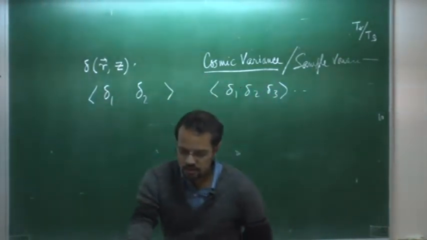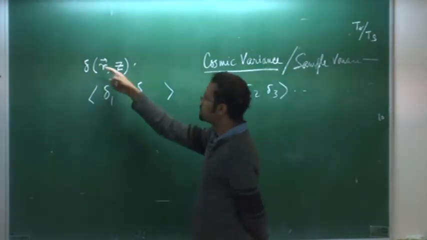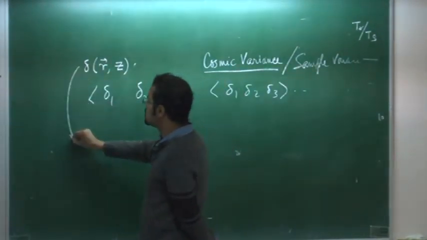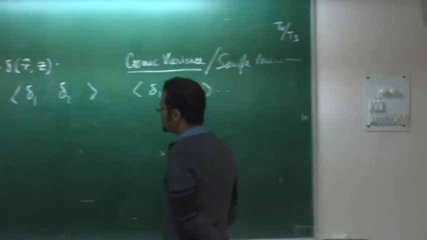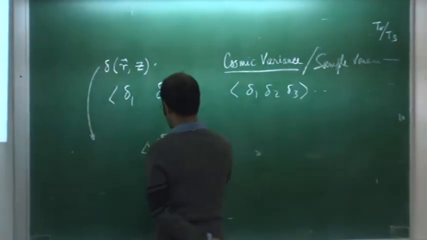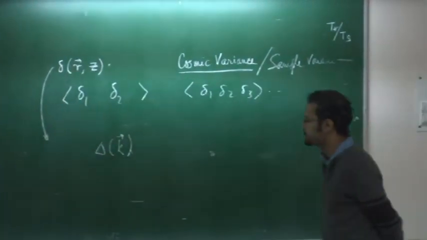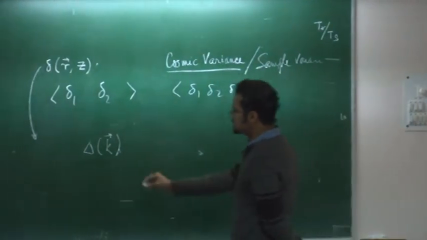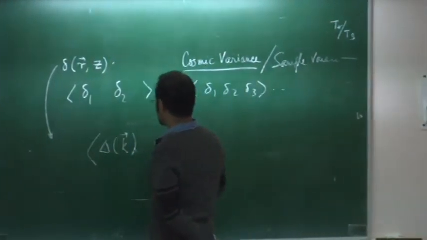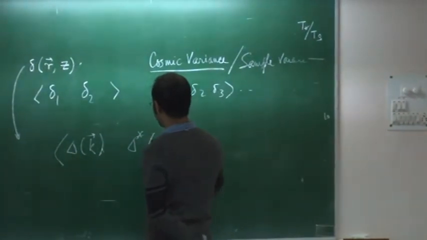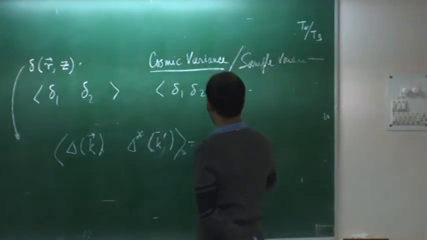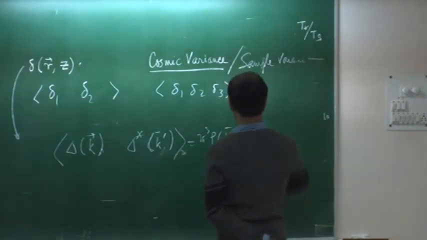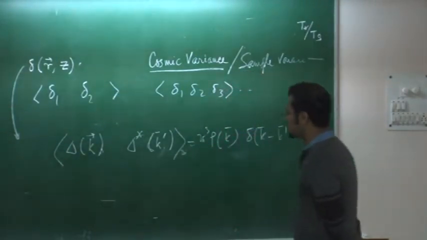So these are Gaussian random fields. When you do a Fourier transform and go into Fourier space, then they are delta of k, and the corresponding quantities are defined as a power spectrum.